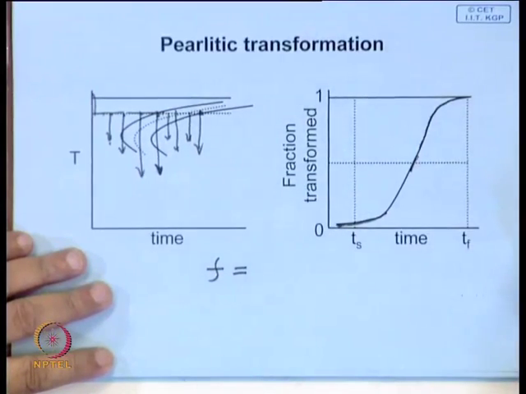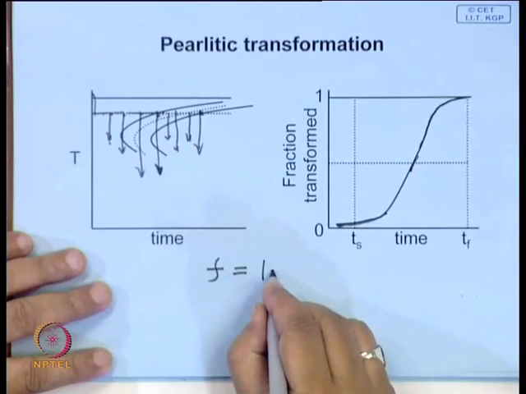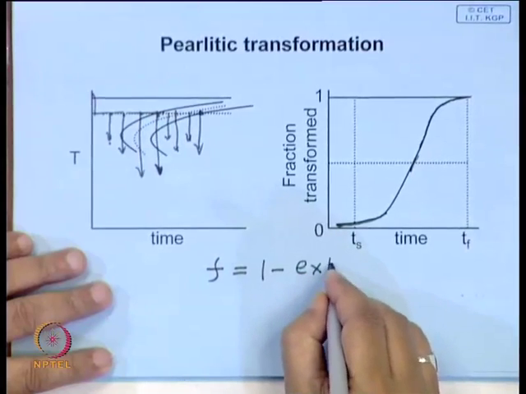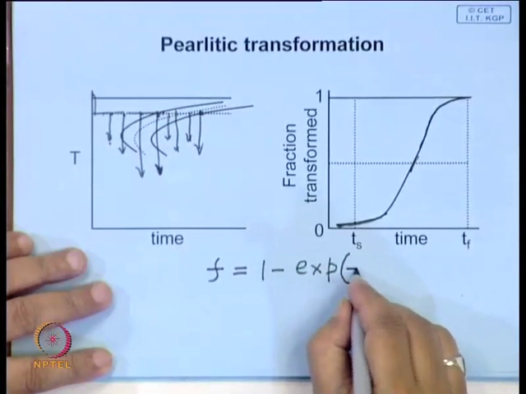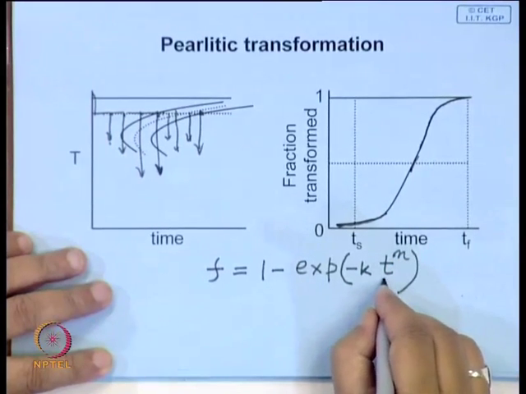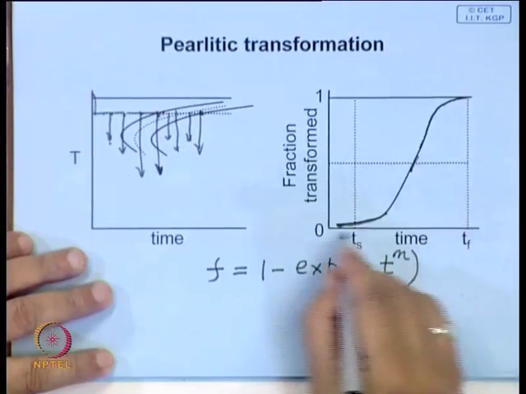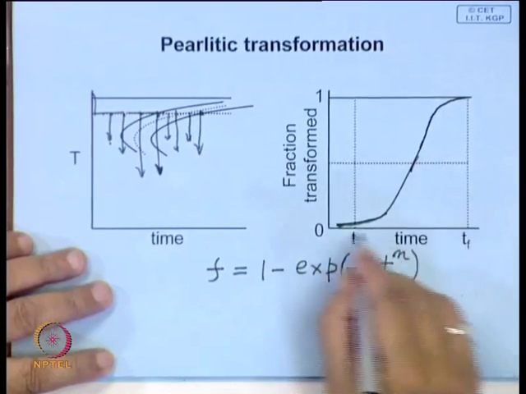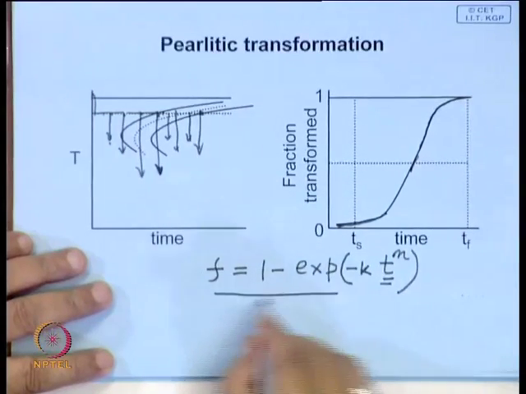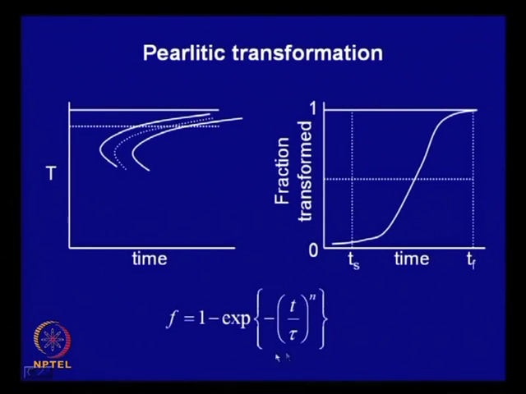So, this is the nature of this fraction transformed, and if you look at that nature, you will find that it usually follows this type of kinetics: f equals 1 minus exponential of minus k t to the power n, where n is some exponent and t is the time. And usually this scale we often use in a logarithmic scale. So, this is how it is represented, and this form in fact is shown here. I think here, look at, this is the same equation which is written a little differently.